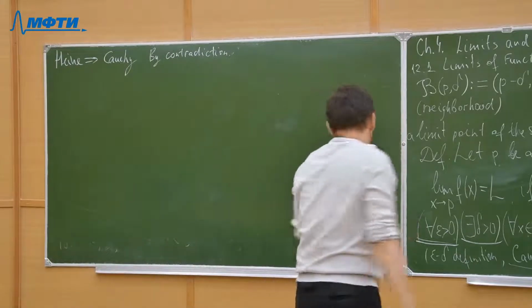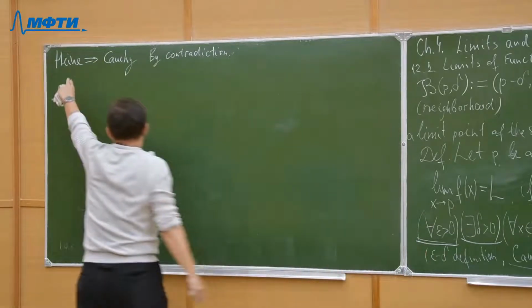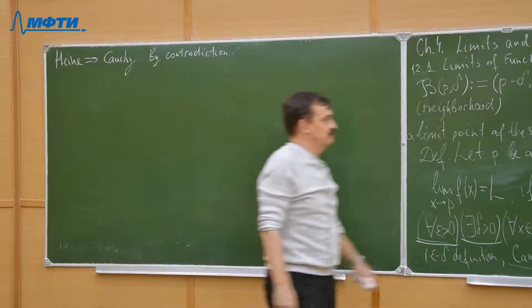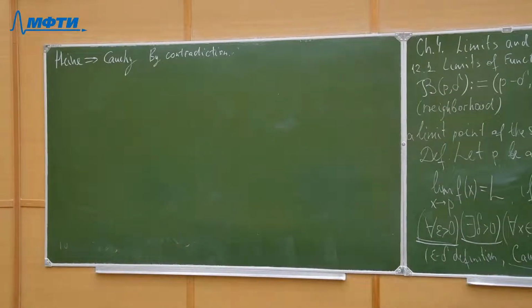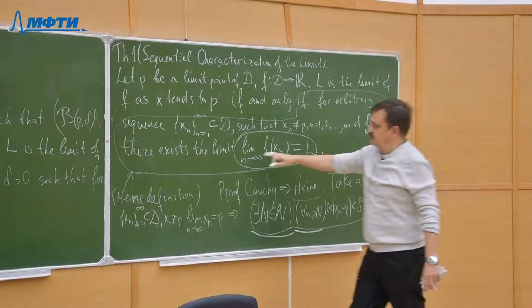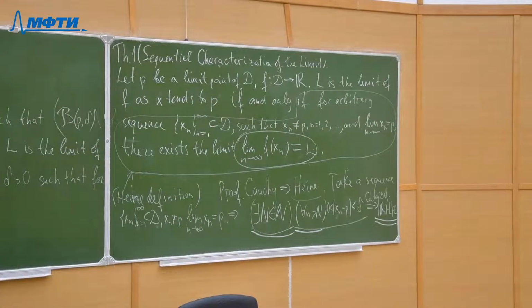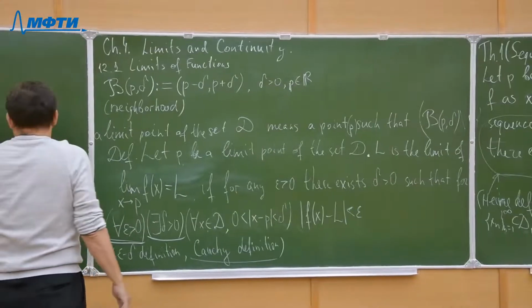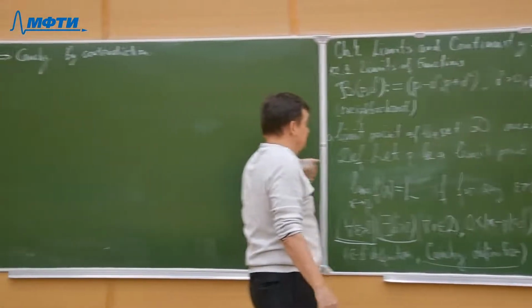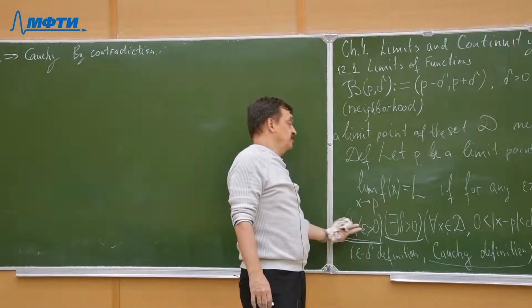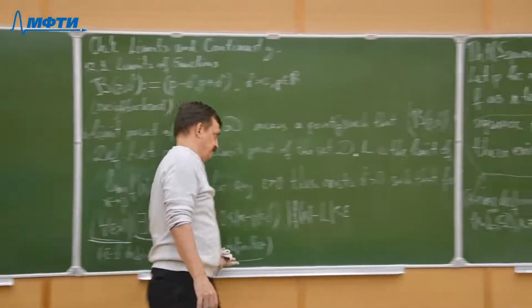It means that we suppose that Heine definition is satisfied, so this part is satisfied for arbitrary sequence such that and so on there exists the limit. We suppose this is satisfied. And by contradiction, we suppose the Cauchy definition is not satisfied.